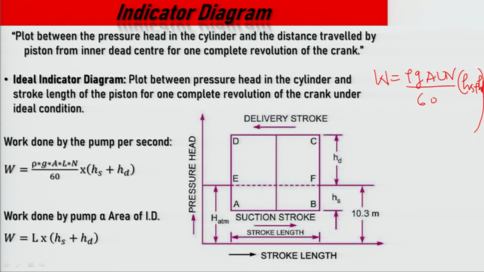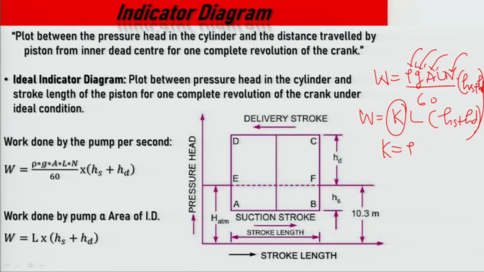In most cases, work done equals a constant k times L into H s plus H d, where k equals rho g A N upon 60, because these are not variables.